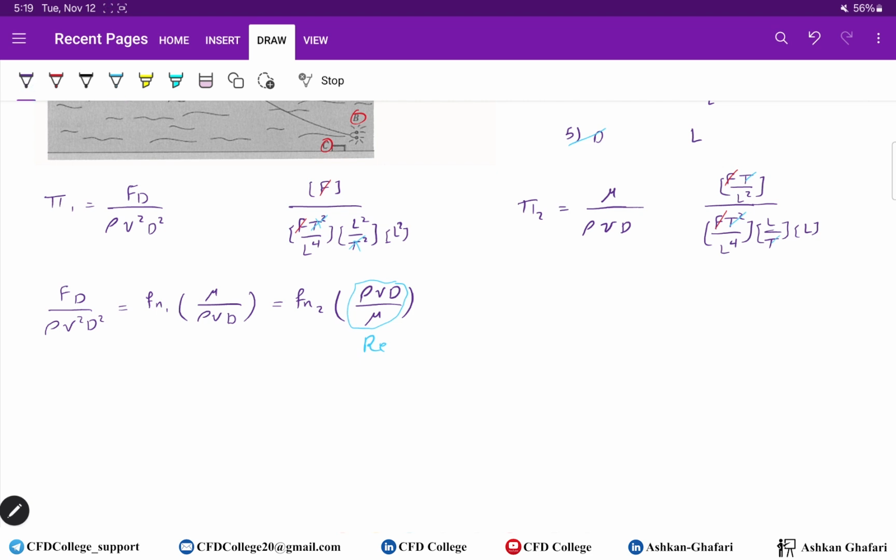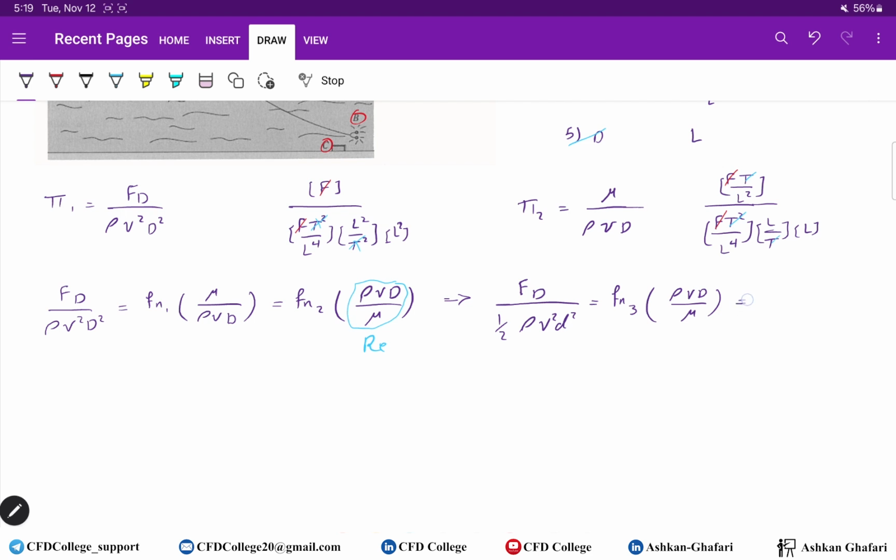And you can do it for the drag force, because we usually use this expression for drag force, Fd over 1 over 2 rho v square d square. This is the definition of the drag force. So it's equal to a function of rho v d over mu.